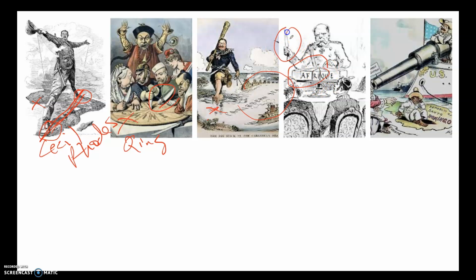Again, this idea of cutting up and splitting up, just like China. Another reference to Roosevelt and the United States with the Spanish-American War and this big gun pointed at the King of Spain, okay, over the Dominican Republic.